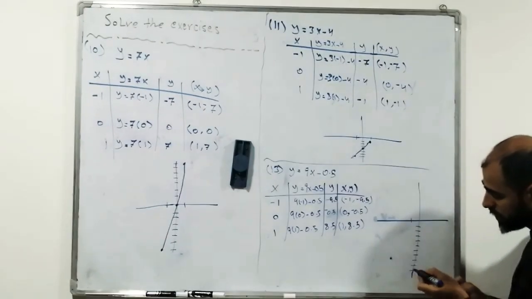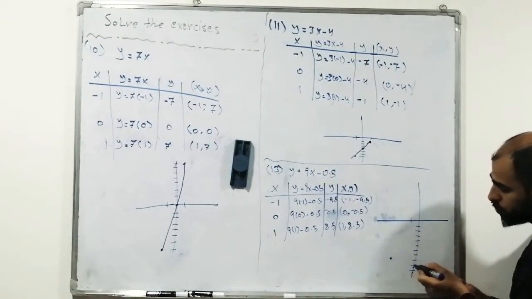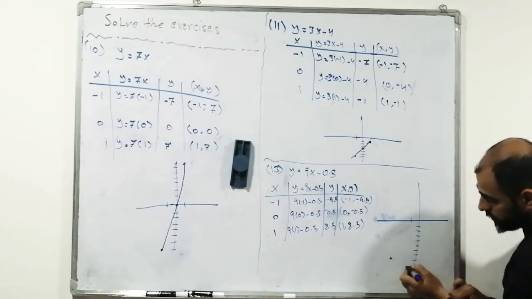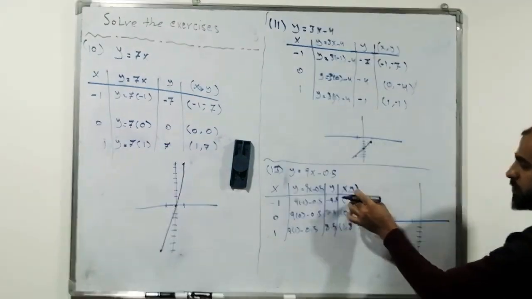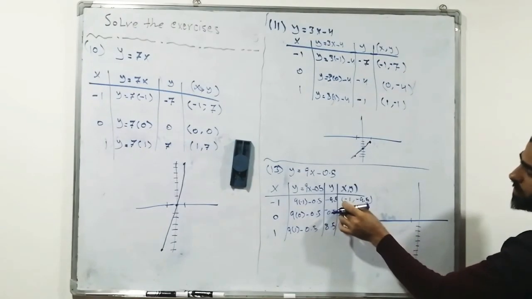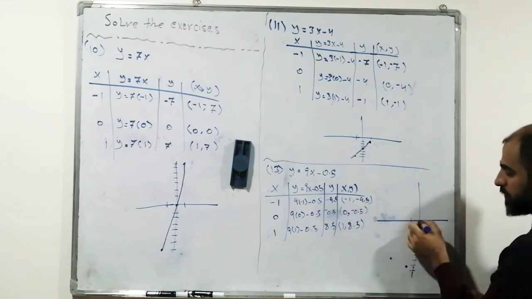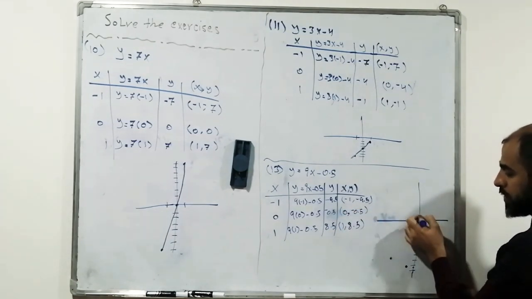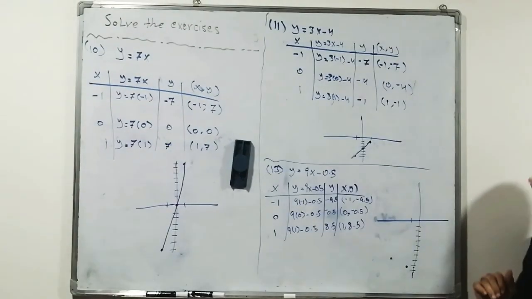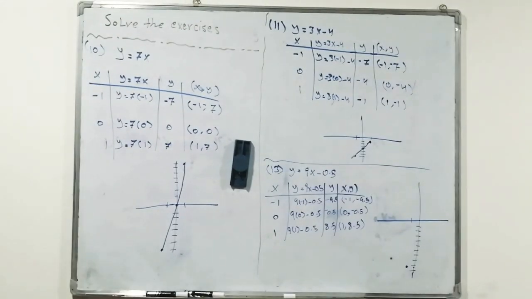And this is 10, so we put it between 9 and 10. This is the point (-1, -9.5). Then (0, -0.5): we have to go downward half a step.